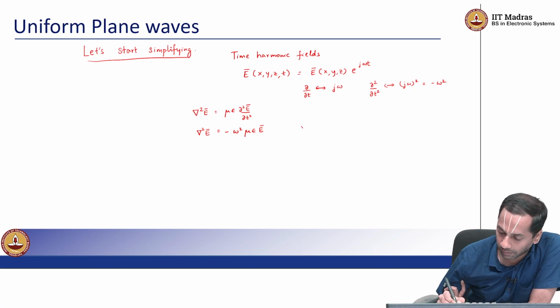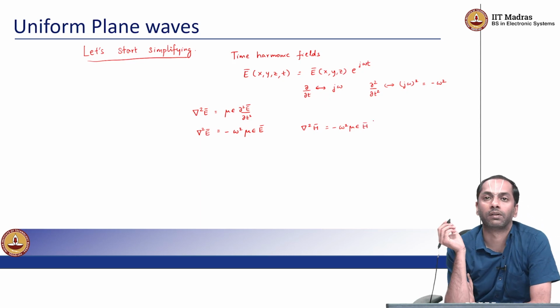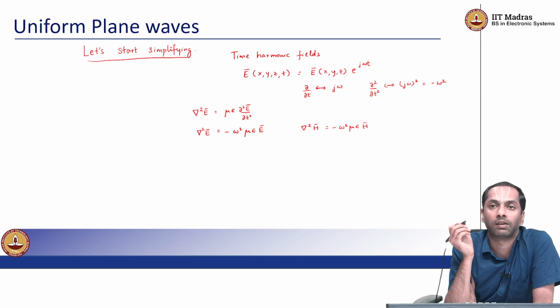Let's not forget that we also have an accompanying equation all the time. This was true even for the voltages and currents. Even though I only showed you perhaps the wave equation for voltage, there's also a wave equation for the current.